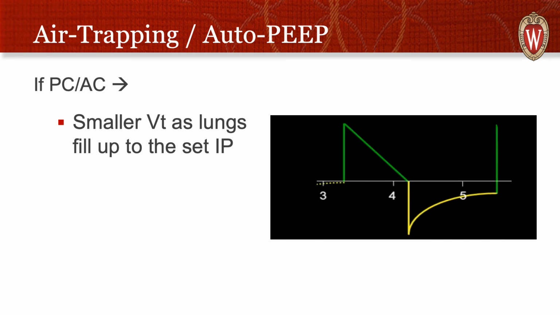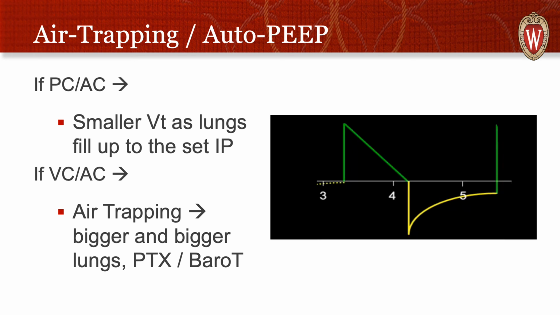And if we recall from prior lectures, if this is a pressure mode of ventilation or pressure delivered breath, you'll get a smaller and smaller tidal volume as the lungs fill up until they finally hit the set inspiratory pressure. The lungs are never fully exhaling. The second breath goes into partially filled and less compliant lungs, and the tidal volumes will go down and down, but the lungs will get more and more filled.